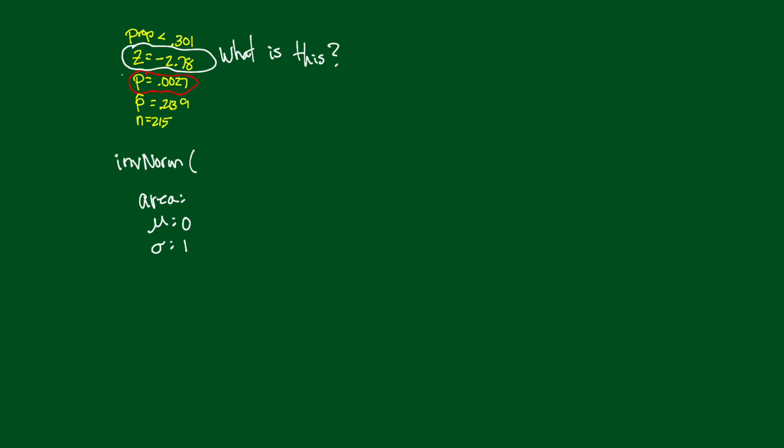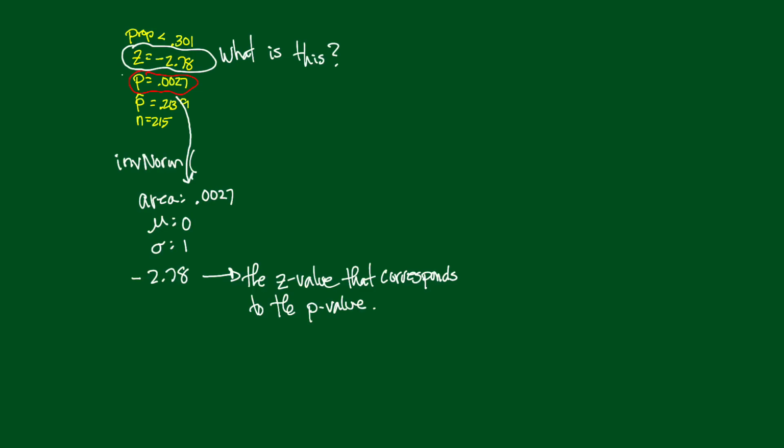But if you put in this number right here for the area, 0.0027, here's what comes out, negative 2.78. And that negative 2.78 is the z value that corresponds to the p value. And if we draw a picture, that p value is right here at negative 2.78, and the area under the curve there it is, the 0.0027. So we're now done with this section.